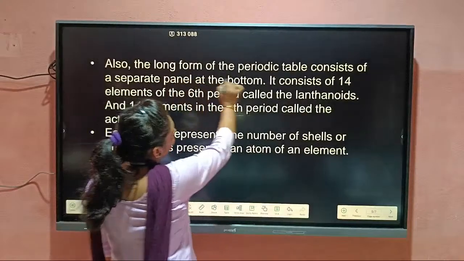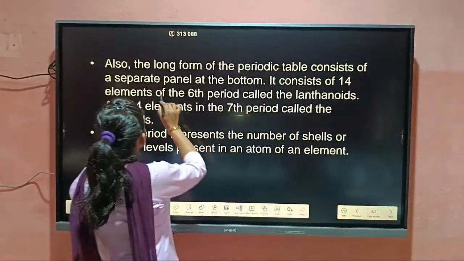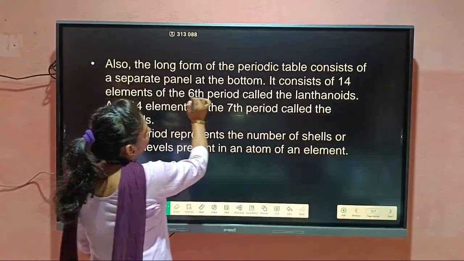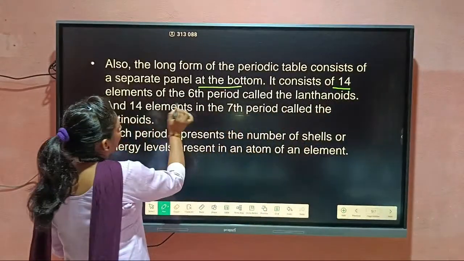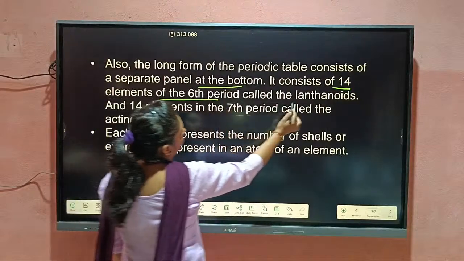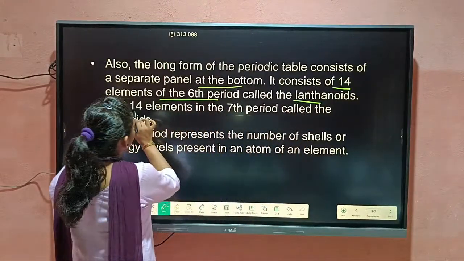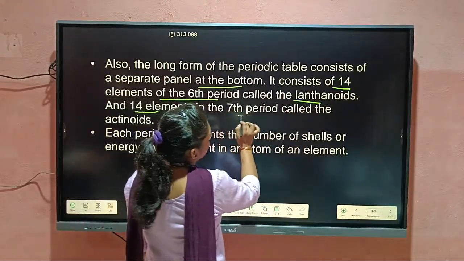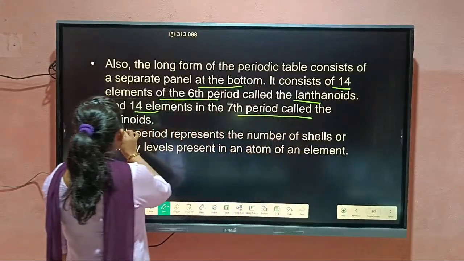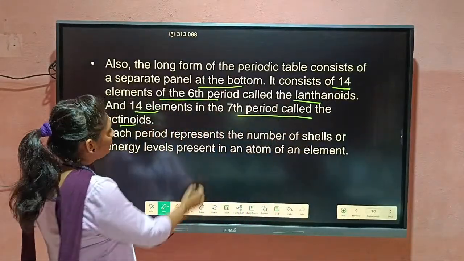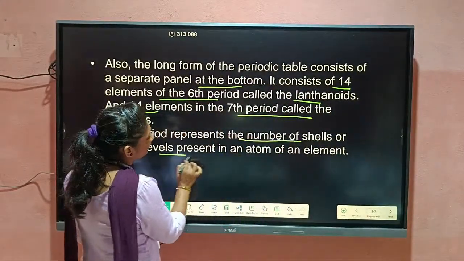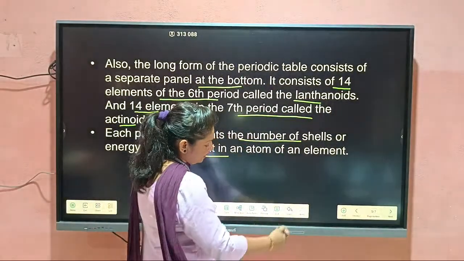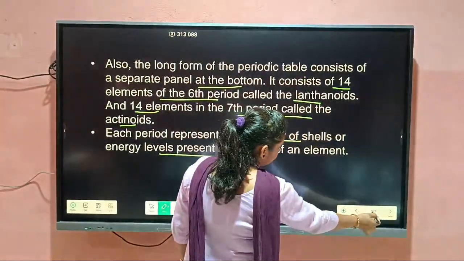Also, the long form of the periodic table consists of a separate panel at the bottom. It consists of 14 elements of the sixth period called lanthanoids and 14 elements of the seventh period called actinoids. Each period represents the number of shells or energy levels present in an element.